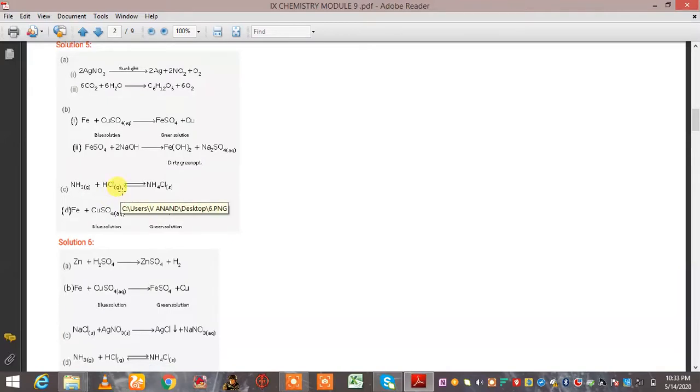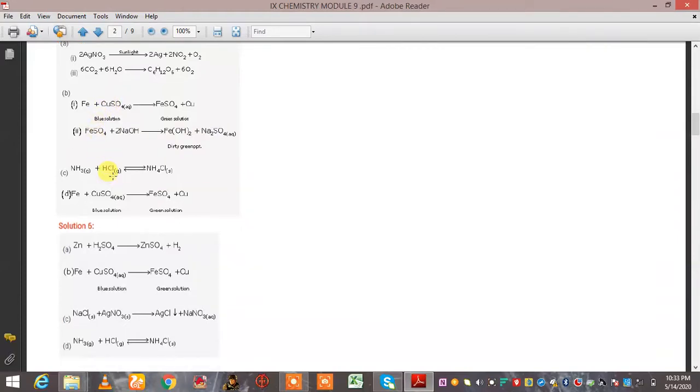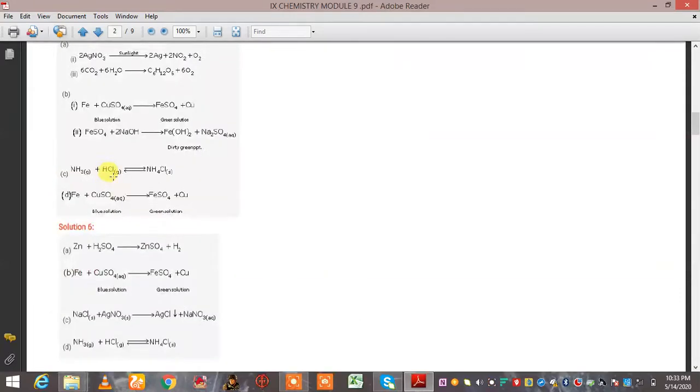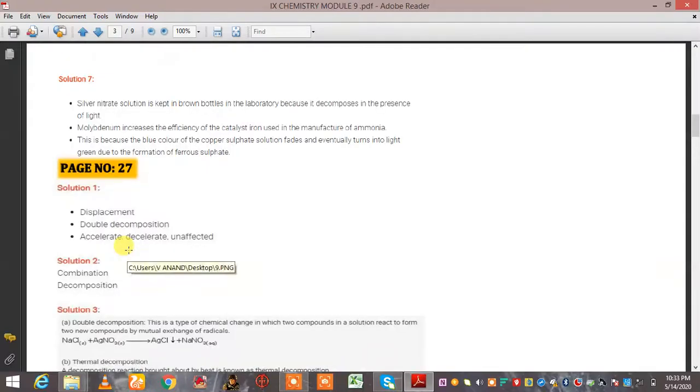Next question is, give reason why. Why is silver nitrate solution kept in brown bottles in the laboratory?